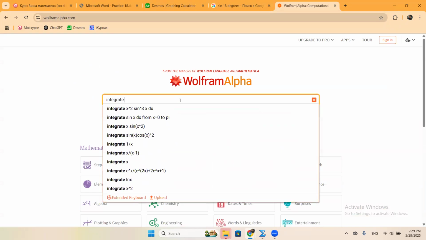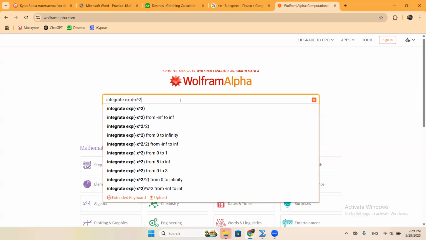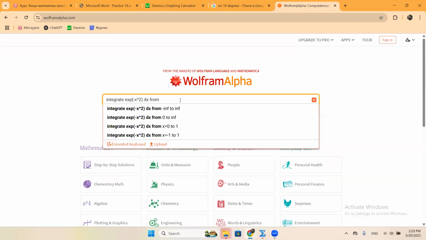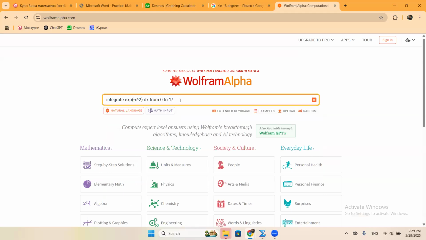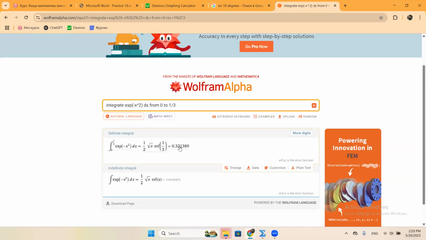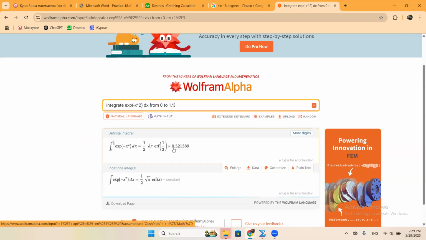So integrate exponent of minus x square from 0 to 1 over 3, and we will check the result. And this is the result, approximately 0.321. So this is a more accurate value.